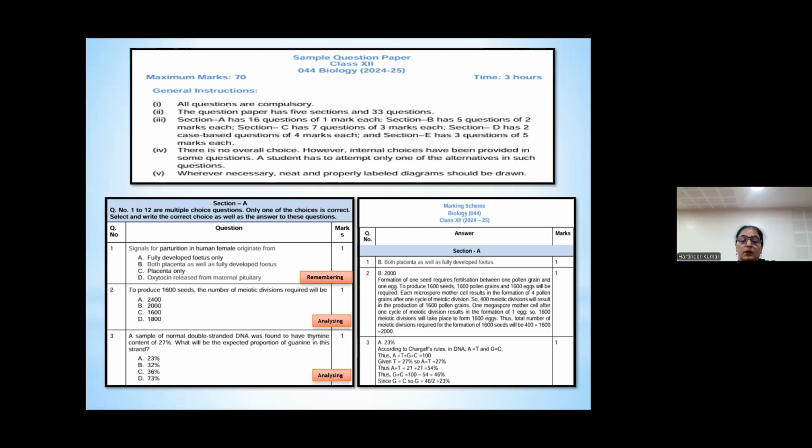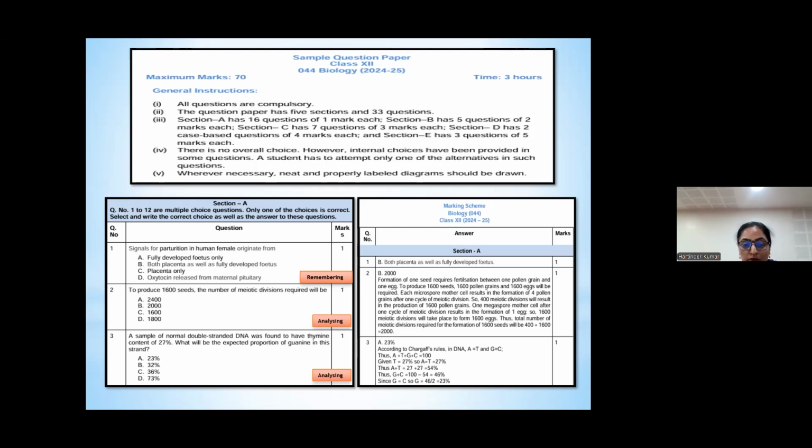The second one is where the student has to calculate the data. That is, to produce 1600 seeds, the number of meiotic divisions required will be, the student has to calculate. So we can see it can come under analysis, because in this the number of meiotic divisions, the pollen grains have to be calculated, how many are required, because each microspore mother cell after meiosis leads to the formation of 4 pollen grains.